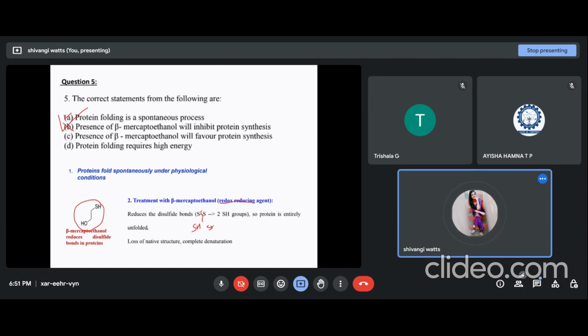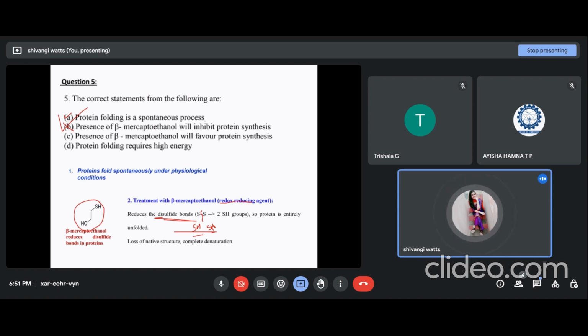So if you consider one protein with disulfide bonds, and beta mercaptoethanol is present, it will reduce the disulfide bond to SH. It means it will break that disulfide bond into SH groups, or we can say it will denature the protein.